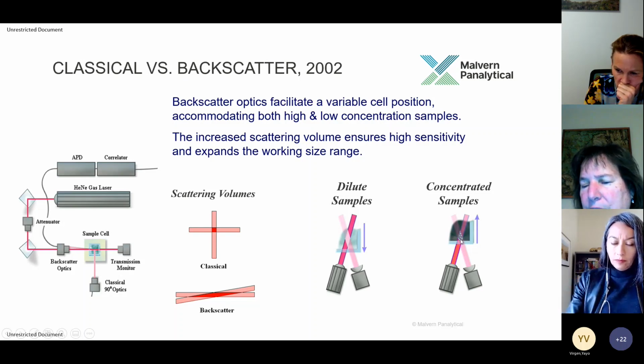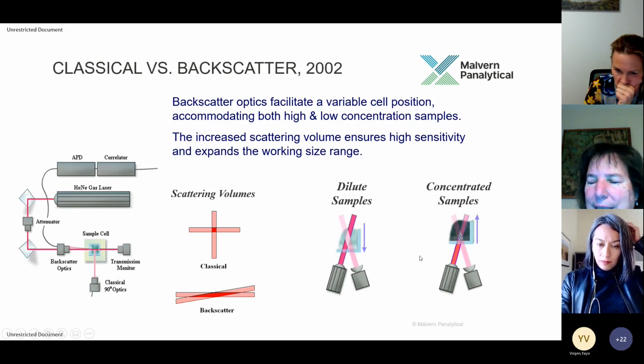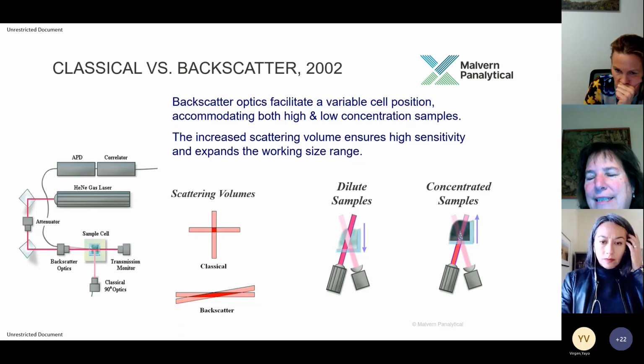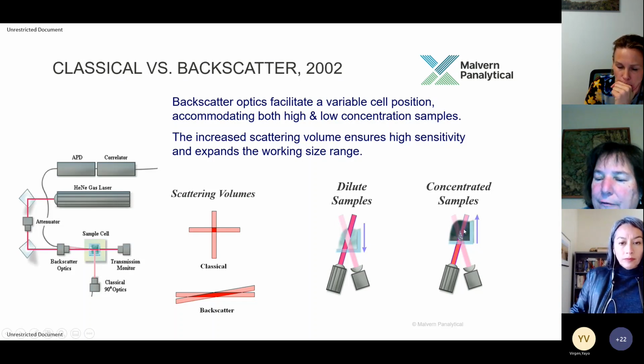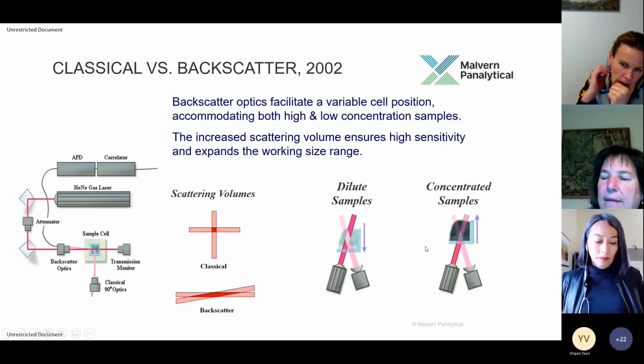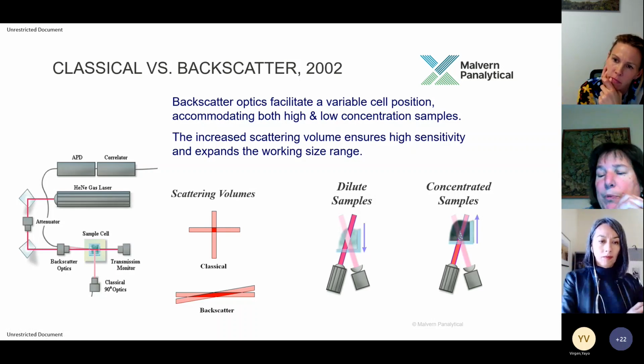We can focus close to the cell wall and try to reduce the other problem that occurs in dynamic light scattering, which is called multiple scattering events. So by being able to focus into different positions in the cell, we can measure very high concentration samples and not have multiple scattering.